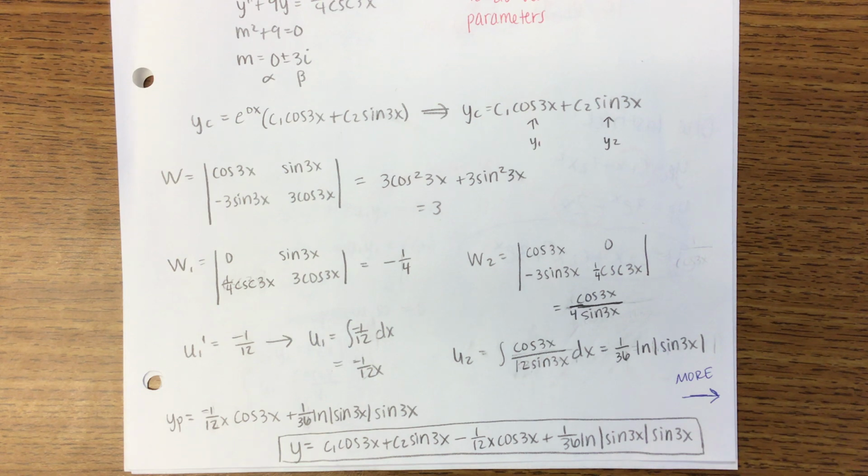I should put the absolute values. Absolute value is first. How did this go? I ran out of room.